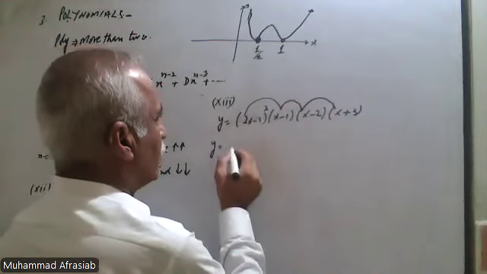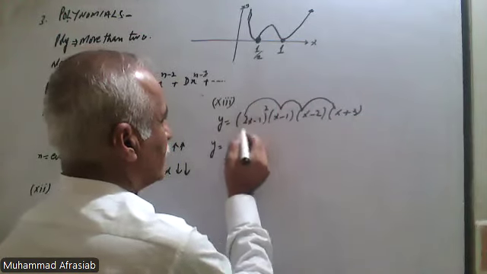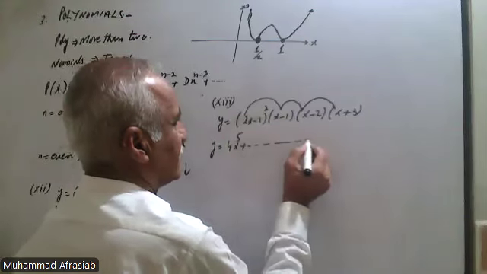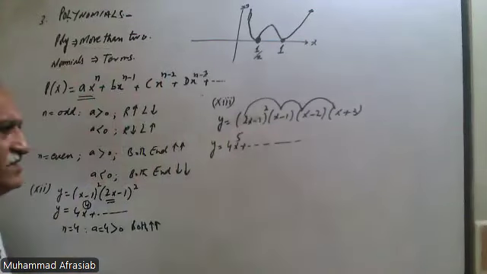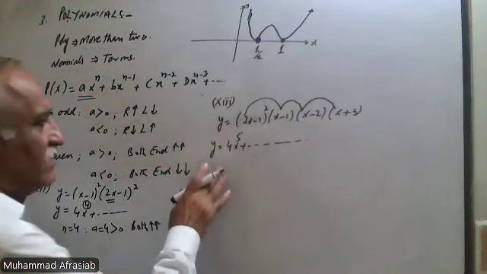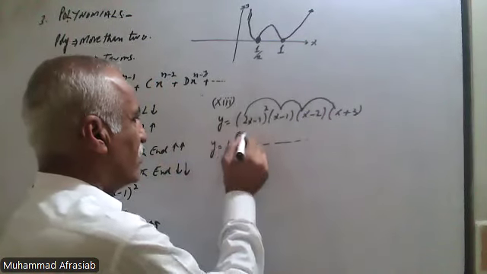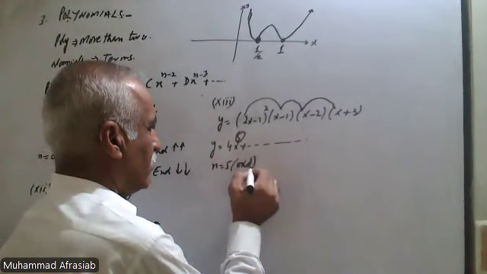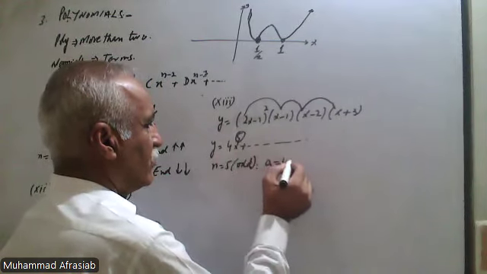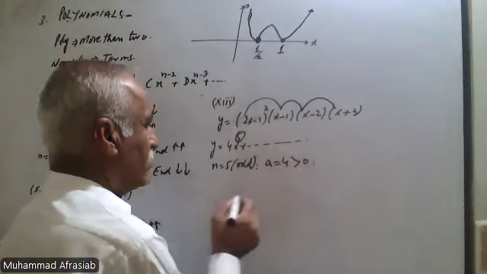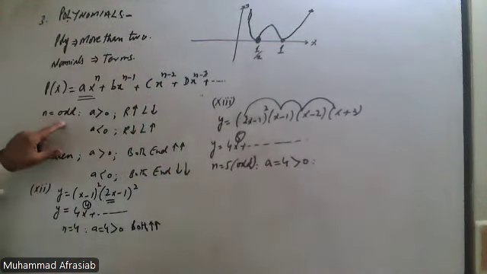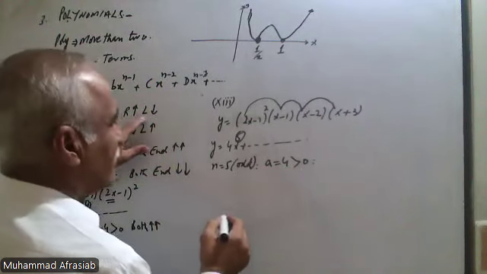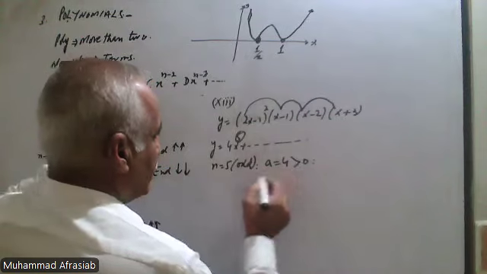So it will be 2 square is 4, so 4x^5 and something like that, if we open it. Now you see here that it is an odd power, and a is equal to 4, which is greater than 0. So here it is odd and a is greater than 0, then the right side will be upward and the left side of that graph will be downward.